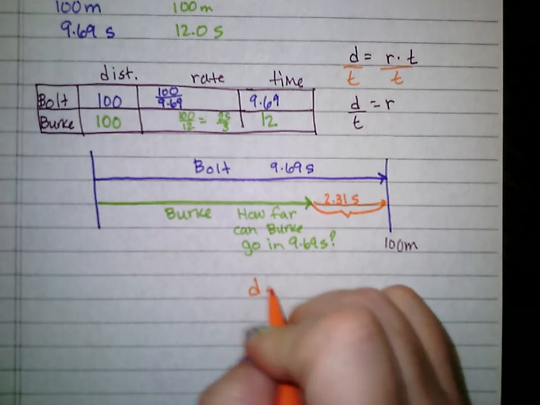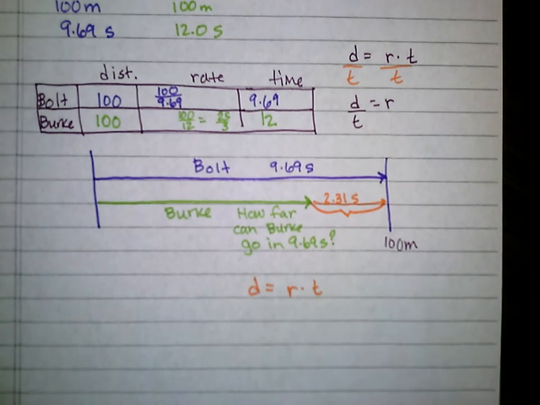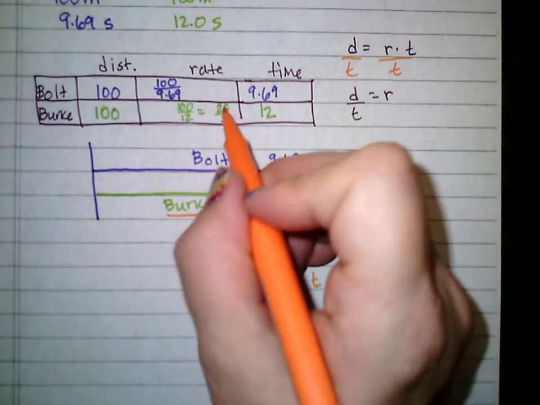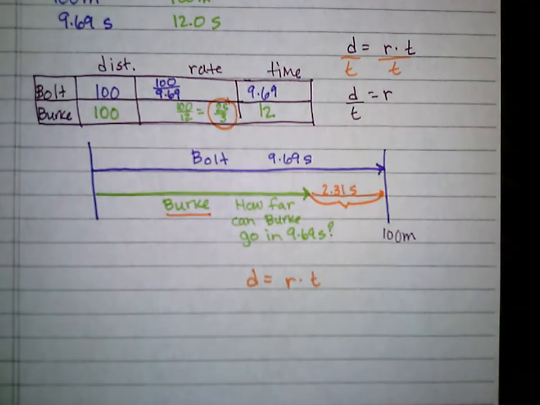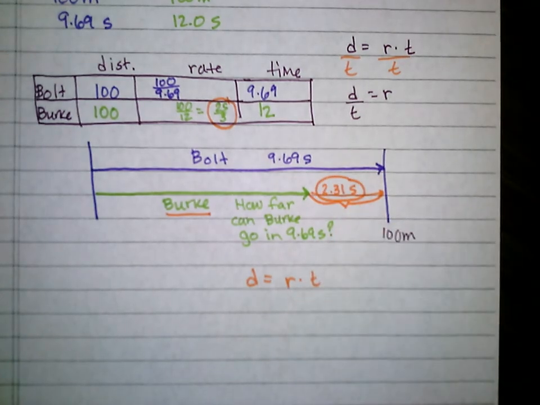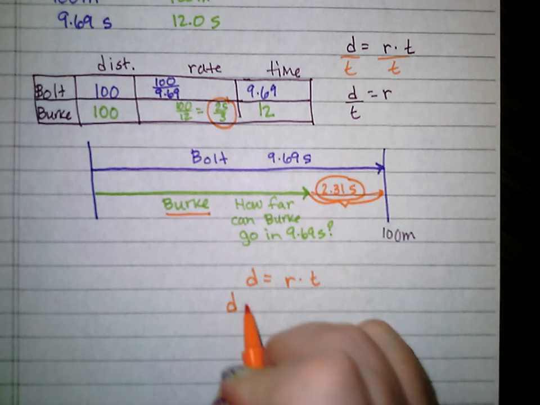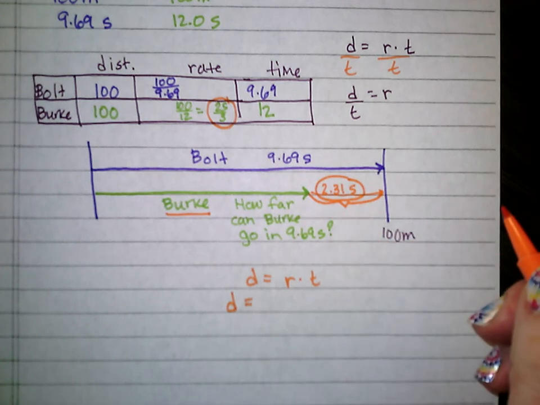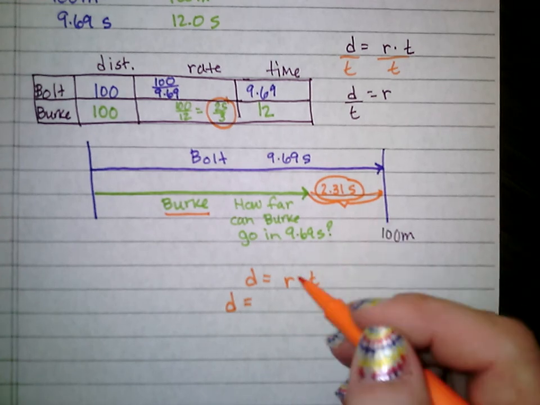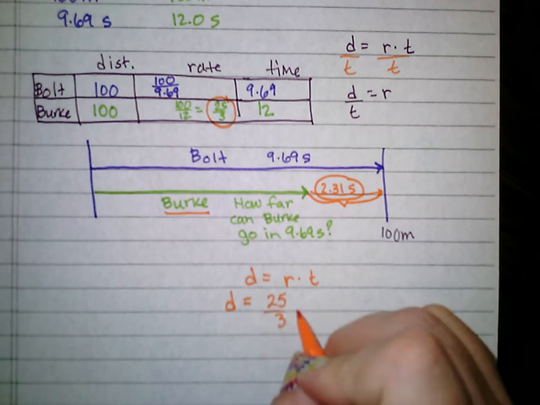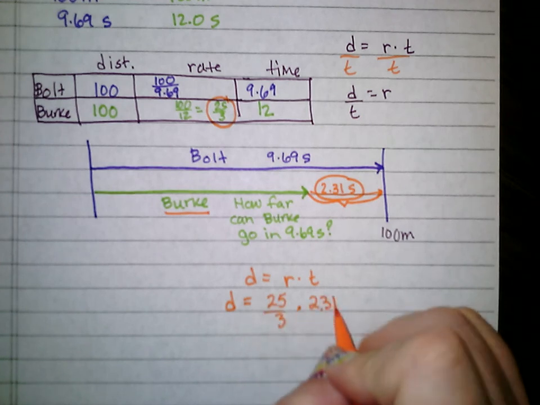So if we think distance equals rate times time, and we deal with Burke's information, his rate was 25 thirds, and we want to use the time of 2.31 seconds. So the distance that he will run in that 2.31 seconds that's left over is going to be how far Bolt will beat him.